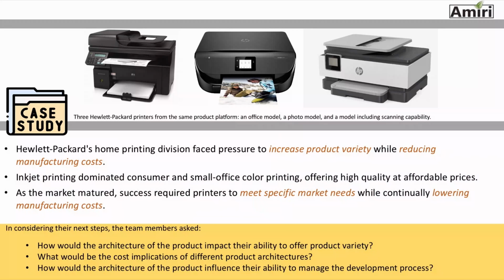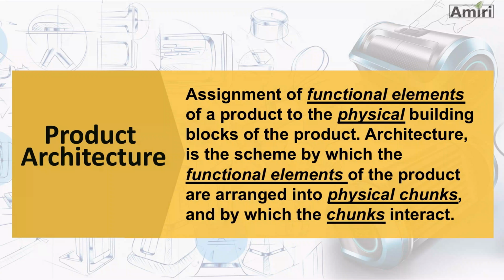This would be a platform product, meaning there is a series of different products that they work around an established technological platform. We'll start by defining product architecture and then go into more detail on some of the terms that I have underlined here. Product architecture is assigning functional elements to the physical building blocks of the product.